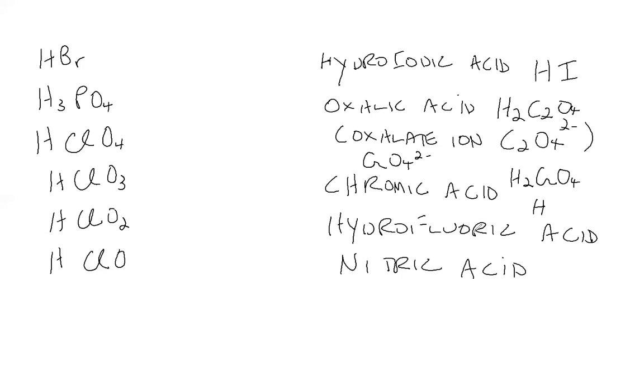Fluoric comes from fluoride, so just HF. And then nitric acid, ic, comes from ate ions. So we have our H, and then the nitrate ion is NO3. It's -1, so we only need 1 hydrogen. All right, so that's it for formulas and nomenclature for ions.